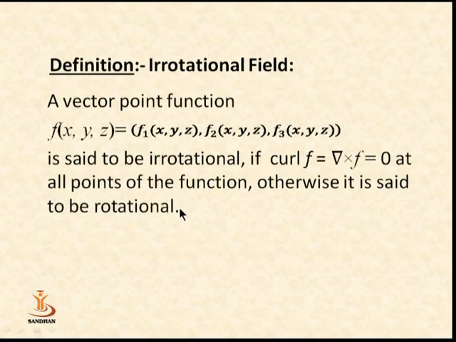That means if any object in a river goes ahead in a rotated position, then it has a curl, but if it is not rotated and keeps its position in only one place, then curl f is equal to 0.